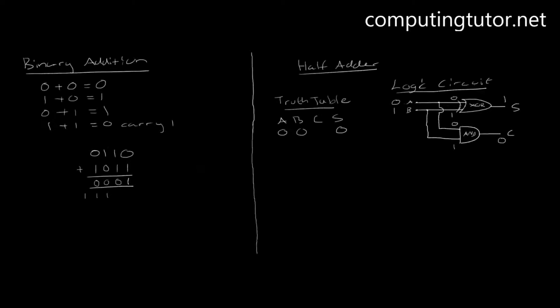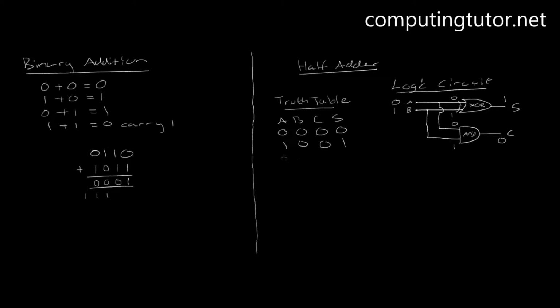And our carry bit is also going to be 0, because we're not carrying 1 as we are with the last rule here. If our inputs A and B are 1 and 0, our sum bit is going to be 1, because we're doing 1 plus 0 equals 1, and our carry bit is still going to be 0.